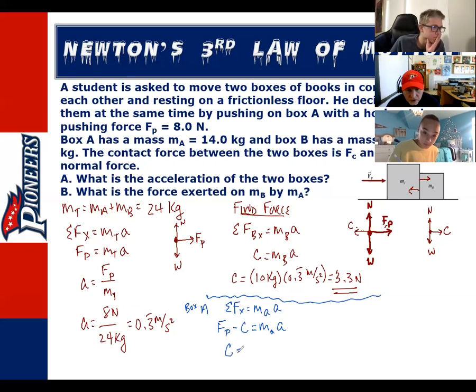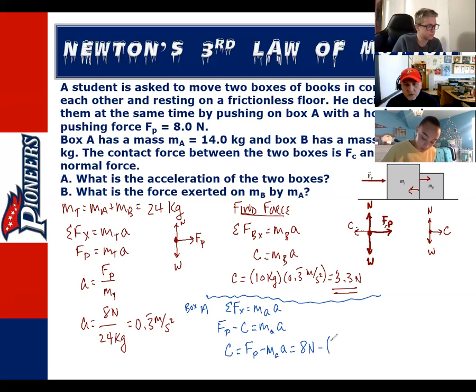Because when you solve this for C, it's going to be FP minus M times A. So I take 8 newtons, which was given, minus the mass of A, 14 kilograms, times the acceleration of 0.33.